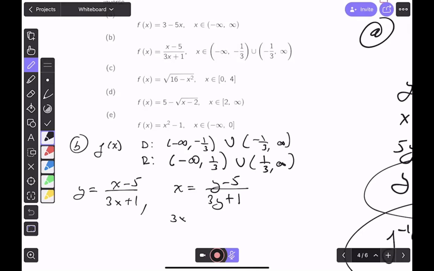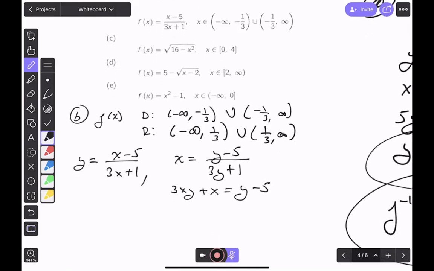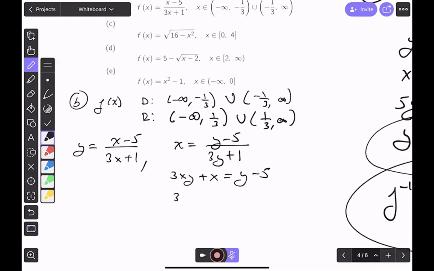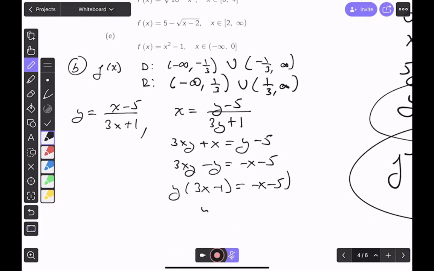You would get 3xy plus x equals y minus 5. Just really basic algebra for the most part. I'm going to get the y's on one side because I'm going to try to solve for y, right? And you would get minus x minus 5. Factor y out. You get 3x minus 1 times y equals minus x minus 5. I would divide both sides by 3x minus 1.